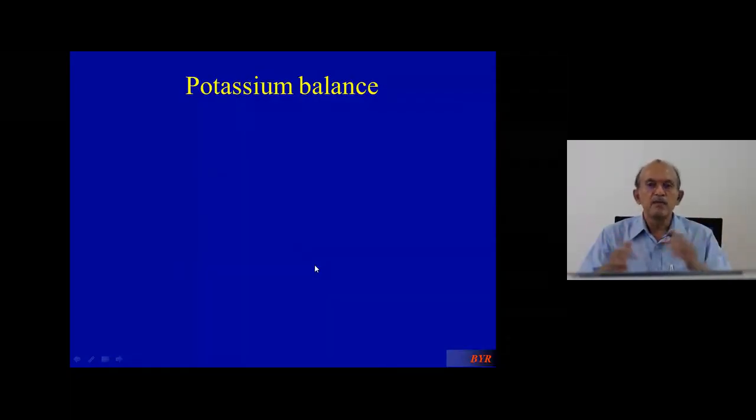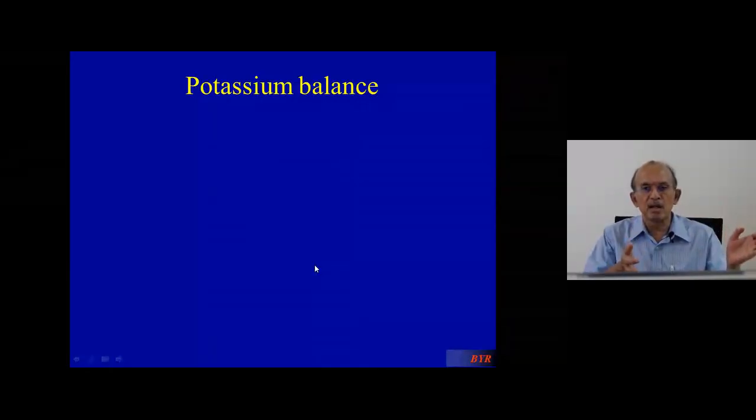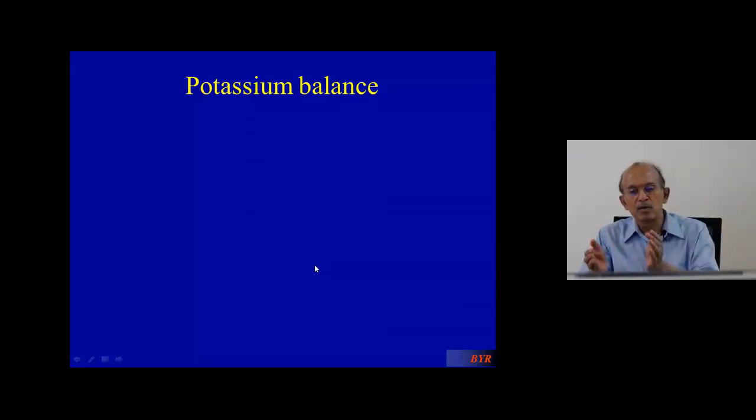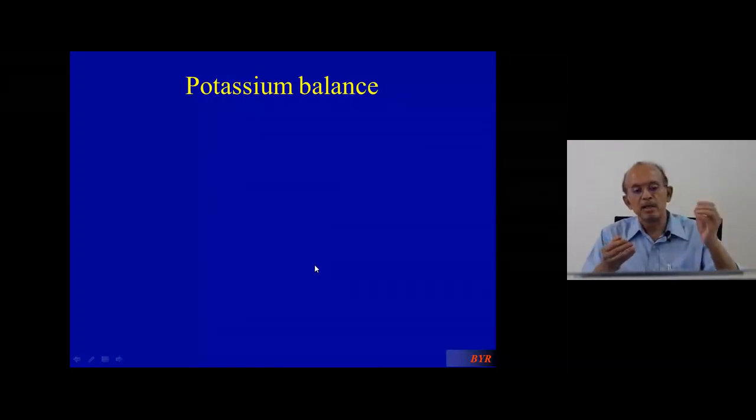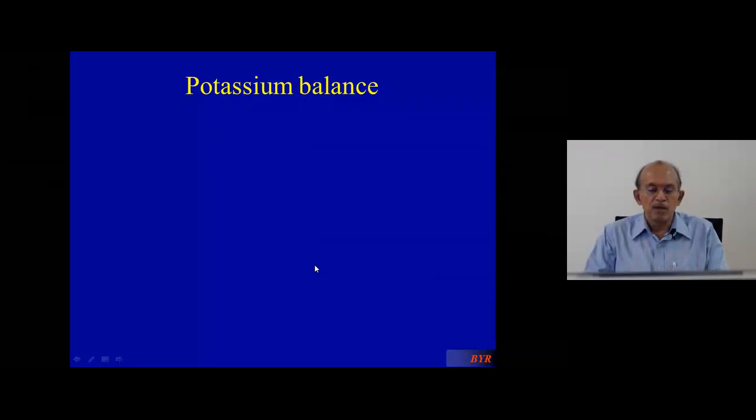When loss is there, more loss is from the intracellular compartment. So there is more intracellular water depletion, and patients will experience the features due to intracellular water depletion. And of course, a little amount is from the ECF also. That is helpful to do sodium estimation, so that we will say whether the fluid compartment has become concentrated or diluted.